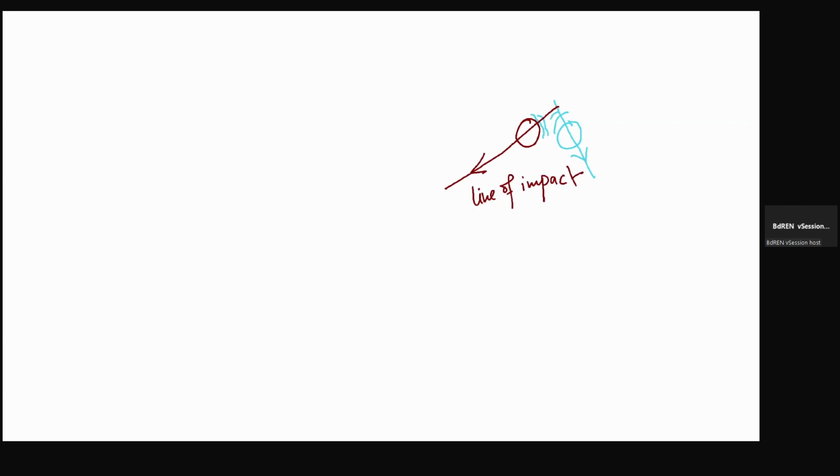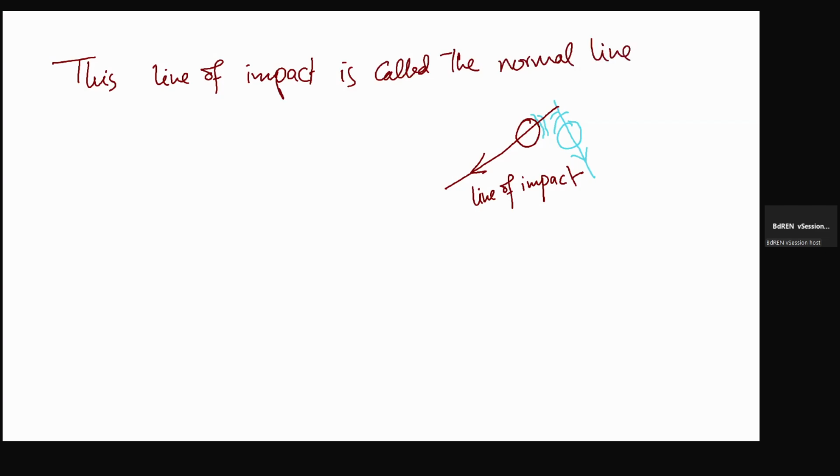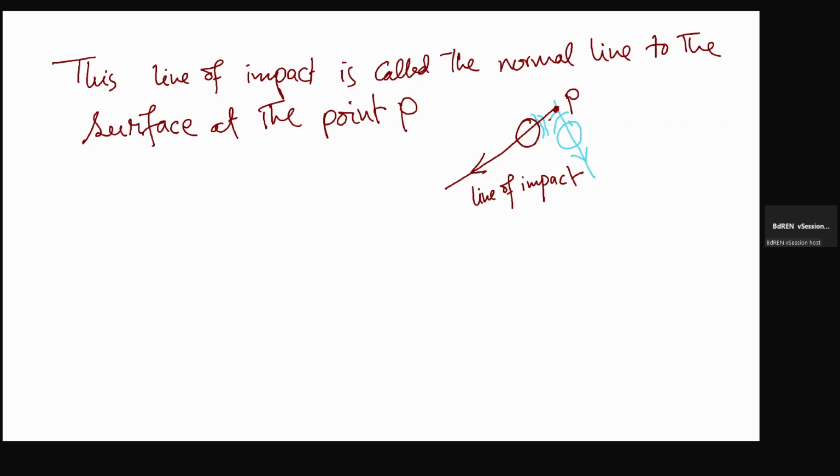This line of impact is called the normal line to the surface at the point where the collision occurs. This is called the point P.